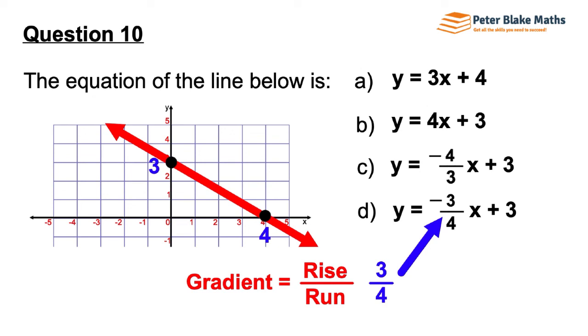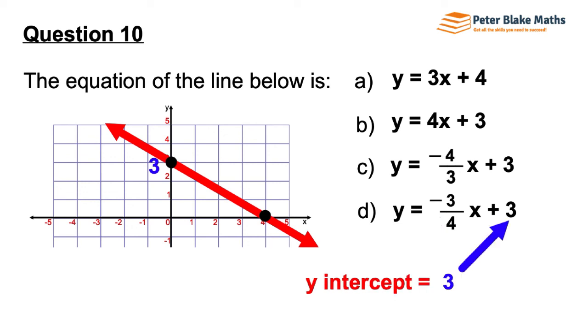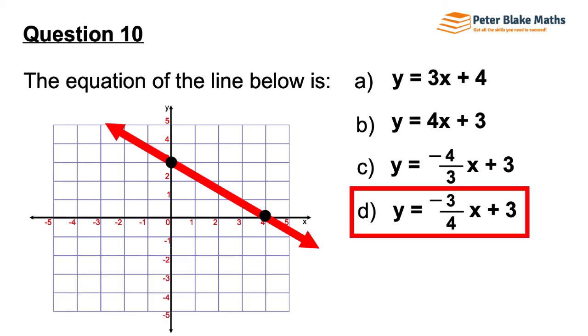So that gradient is 3/4, which matches up nicely with option D. As a double check, we also have a y-intercept of 3, and in y equals mx plus b format, our final number should be a 3. So option D has all the boxes ticked. Our final answer, the equation of the line below, is y equals minus 3/4 x plus 3.